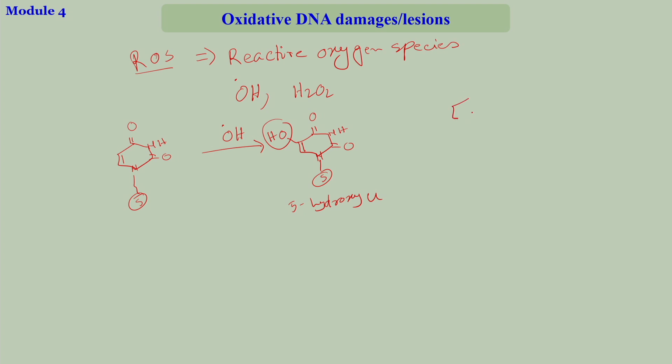Similarly, thymine forms, this is CH3, OH, it forms 5-hydroxythymidine, or it also forms, the double bond is out, a diol.